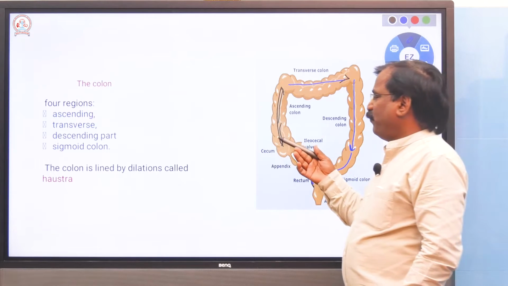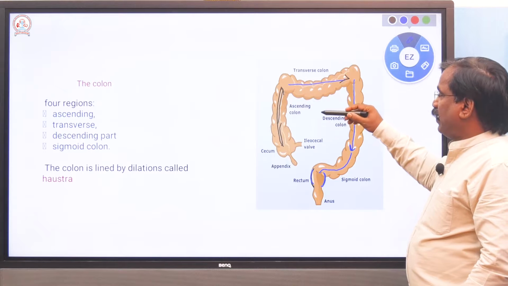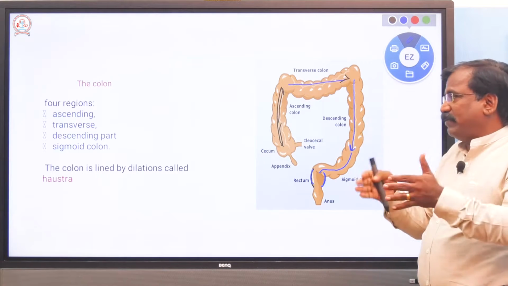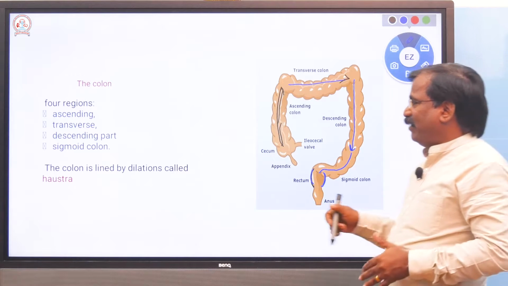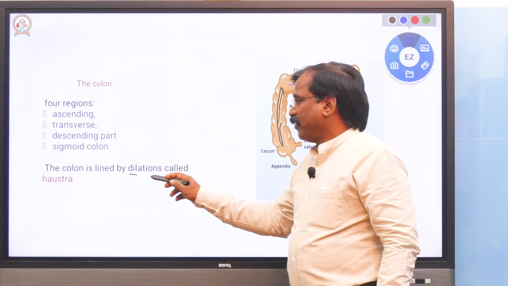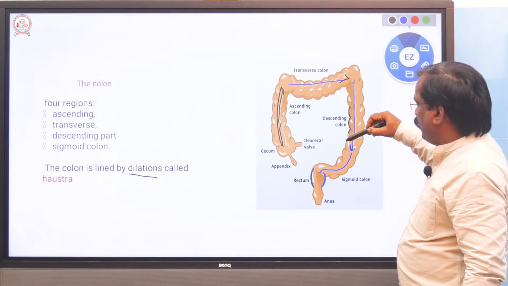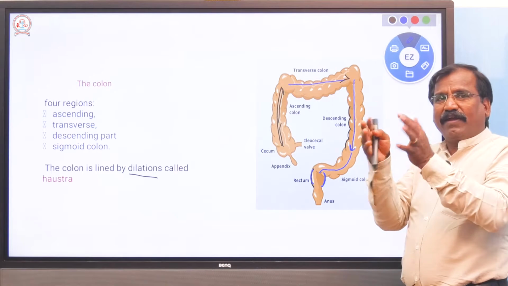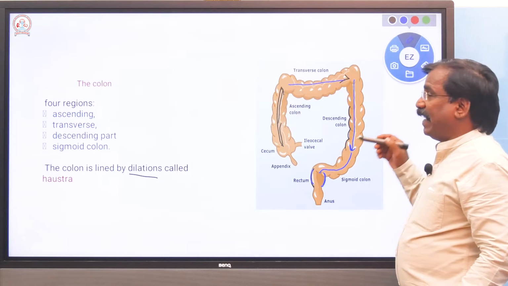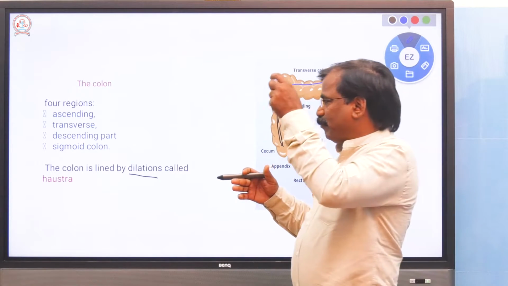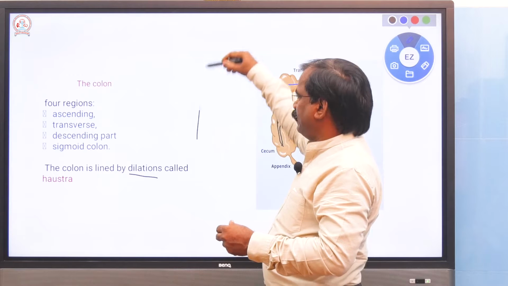See here, if you see externally, the colon or large intestine is not continuous, it is lined with dilations. Dilations means projections, it swells up. It is not continuous, not like this.